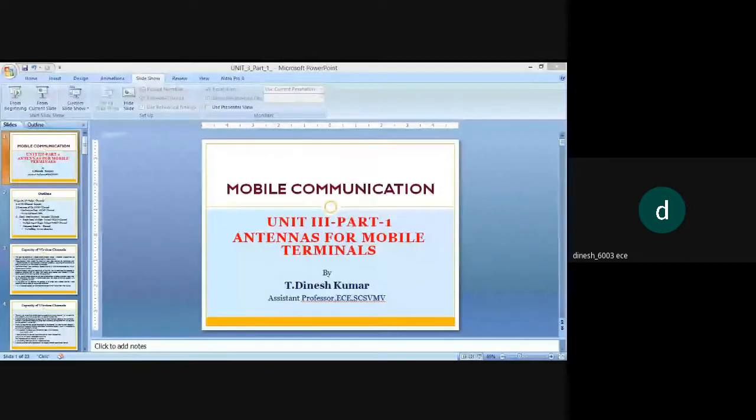Keep in remembrance: capacity of the additive white Gaussian noise channel is equal to 1 by 2 log of 1 plus P divided by sigma square.